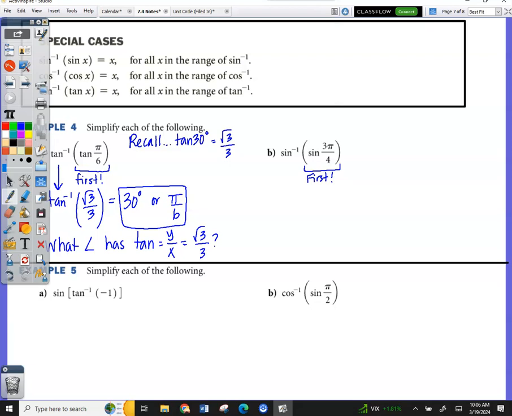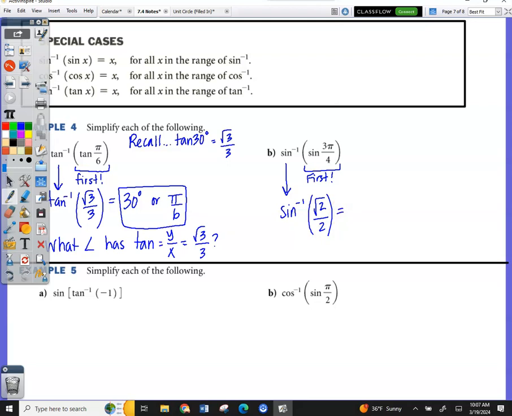So everybody go to your unit circle. What is the sine at 3 pi over 4? Square root 2 over 2. So I'm going to bring this down, and I'm going to write that it's sine inverse of square root 2 over 2.